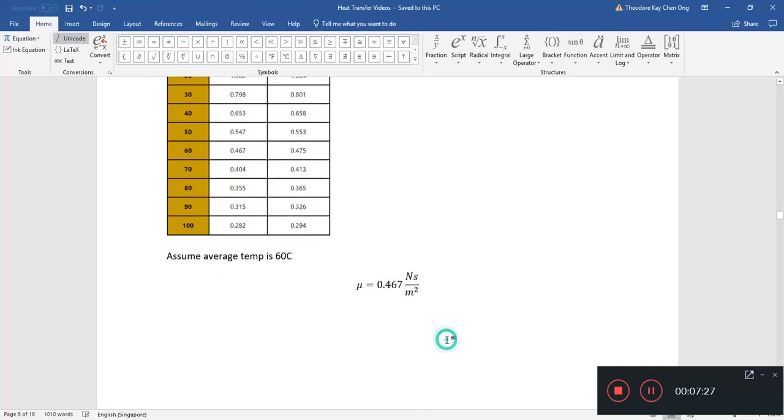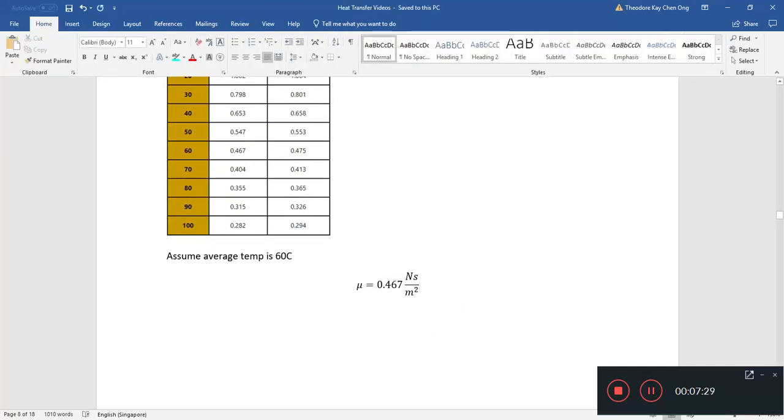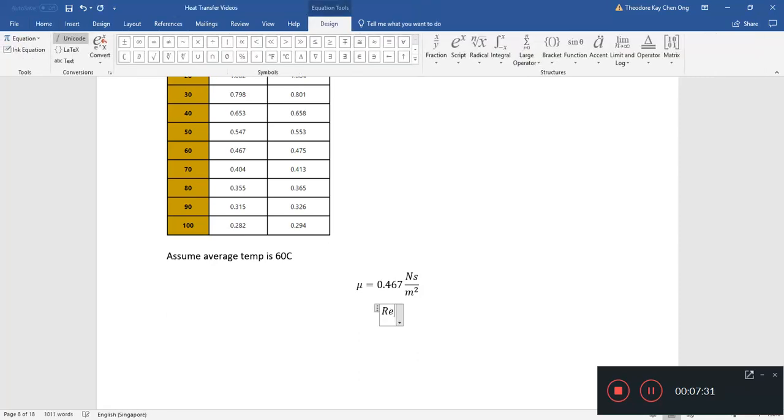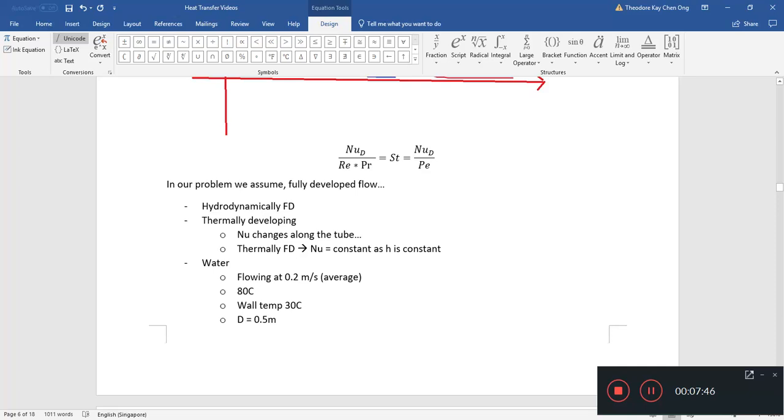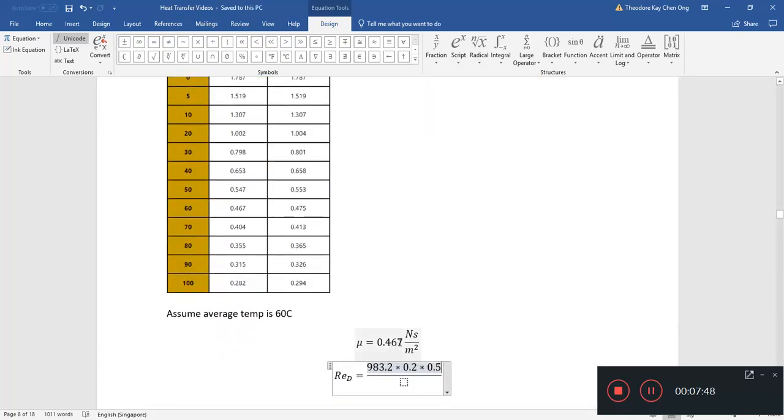Now let's calculate the Reynolds number. Okay, so rho is 983.2, V is 0.2, D is 0.5 meter, divided by mu.